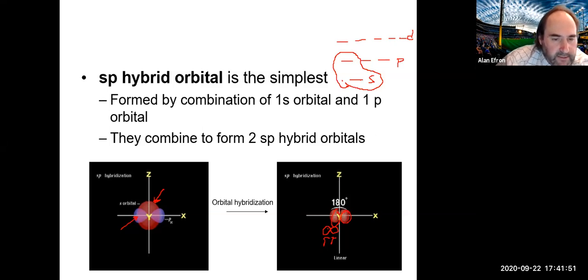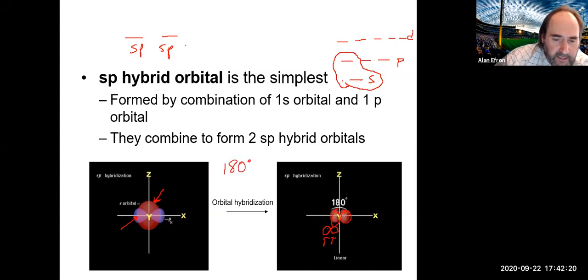So in this case, we get two sp hybrid orbitals. Again, the benefit is that they both have the exact same energy and the exact same shape as well. By the way, the bond angle in this hybrid orbital is 180 degrees.